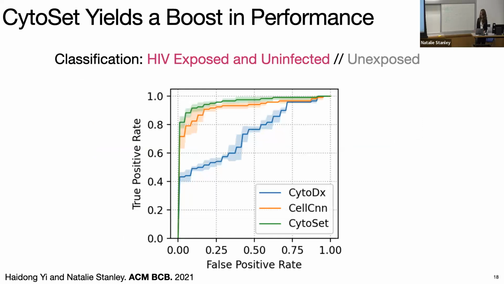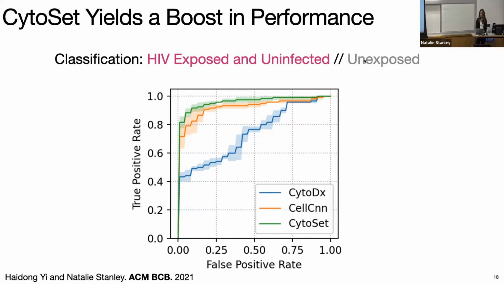Okay, so how does this work in practice? Well, we compared this to a few other deep learning and machine learning based featurization approaches that don't require any gating. So our approach is called CyTOF, which is in green. And in this data set, we were comparing patients who had been exposed to HIV and remained uninfected from those who were unexposed.